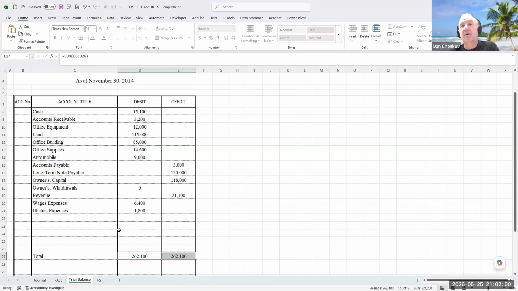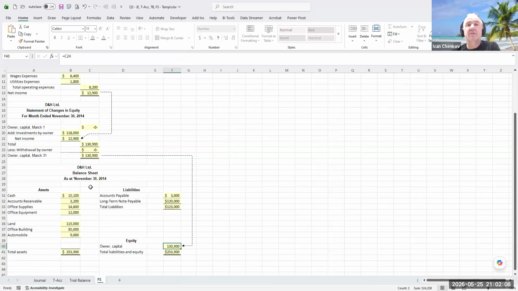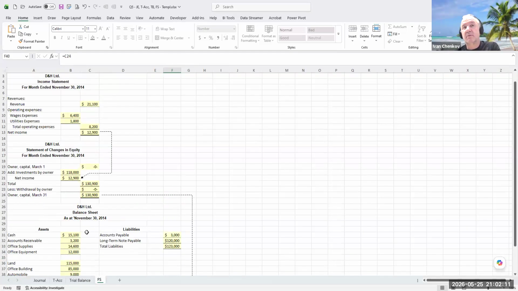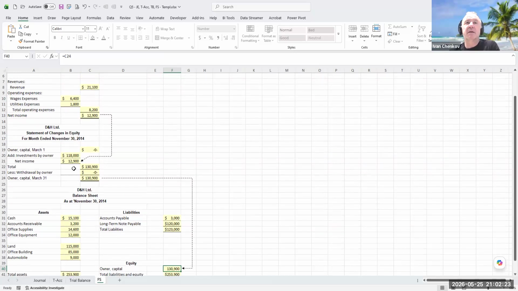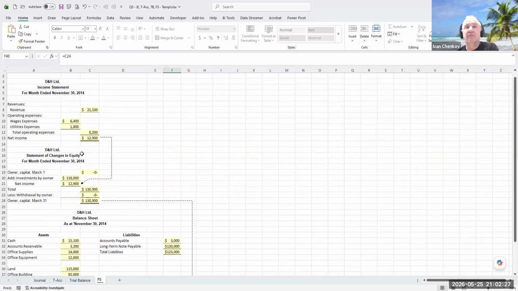After that, now you have two options. Once you've done the trial balance, you have two options. Either you're going to get the trial balance and prepare financial statements by yourself. Either you're going to ask the software to prepare those financial statements for you. Either one works. The good thing is with these financial statements, I purposely make it like a logical, one after another, so you can see the flow of the information.